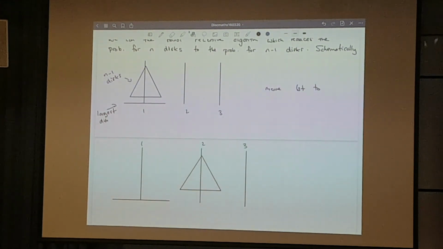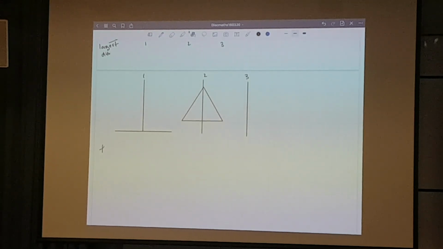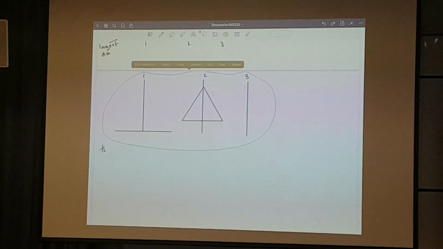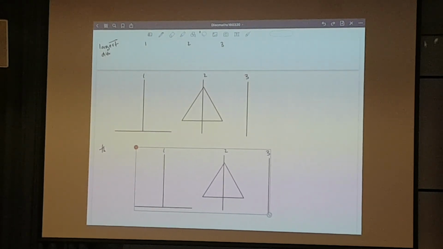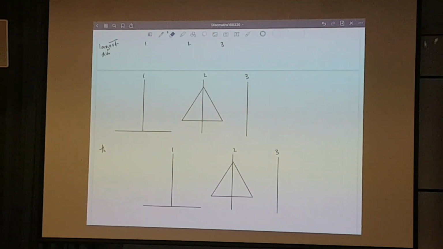And then you can see what I need to do now. I need to move the remaining disk to pole 3 and then move the triangle of disks to pole 3. This is a really long way of doing it.